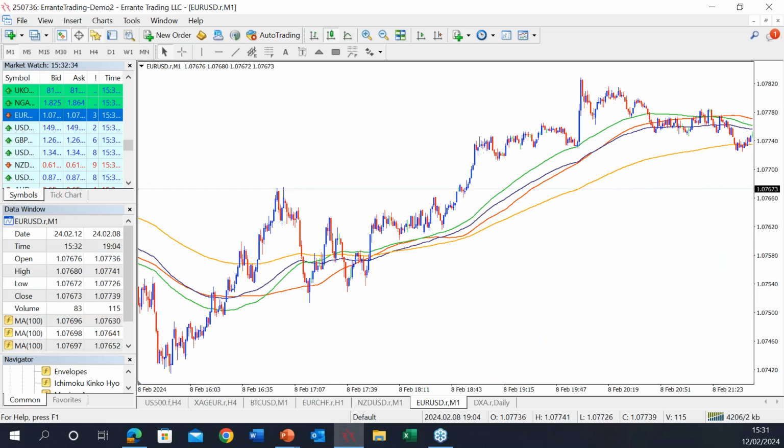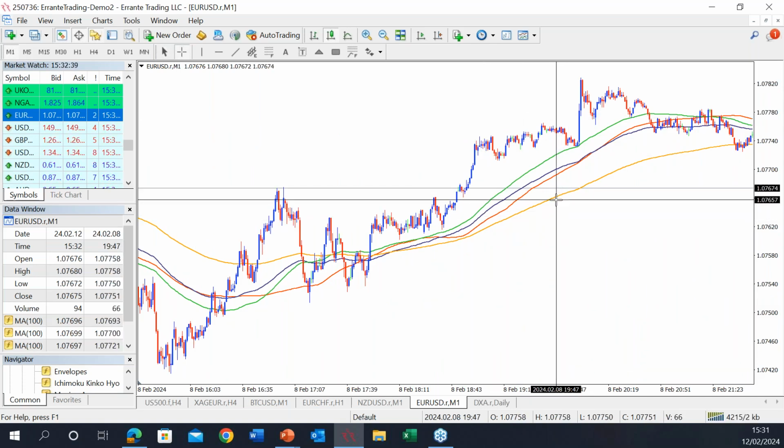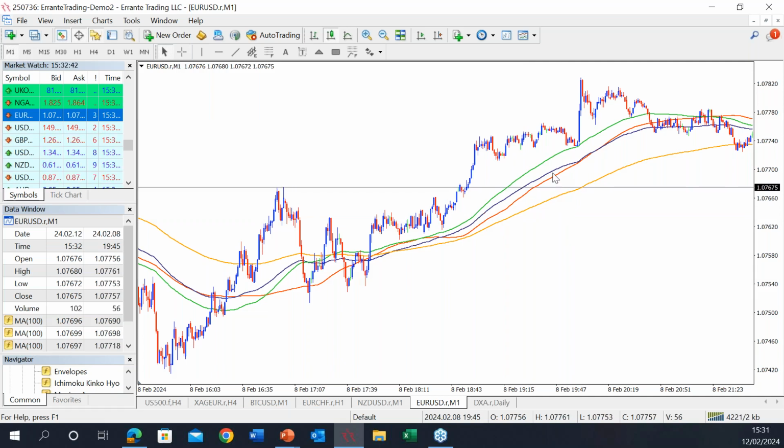For example, during market trend, you can see we have respectively the smoothed moving average, simple moving average, exponential moving average, and then linear weighted moving average. So linear weighted moving average can be used to identify the initial effort of market buyers or sellers to reverse a prior trend, by crossing the linear weighted moving average.